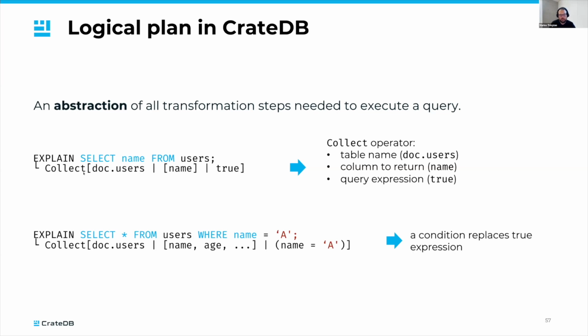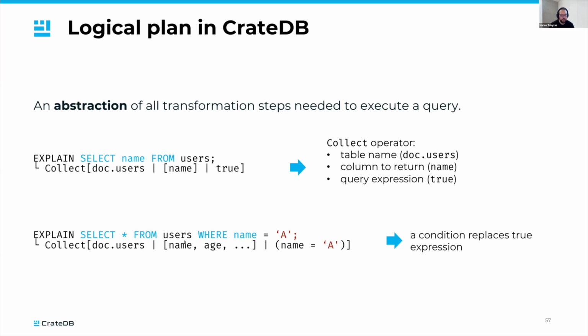It's where you collect data from for the table users. You see that the users is prefixed with the default schema name for CrateDB, which is doc. You see that we only collect name, which is the column we ask for, and that the filtering for this query is true. So we ask to return everything as we see we don't have any filters here.